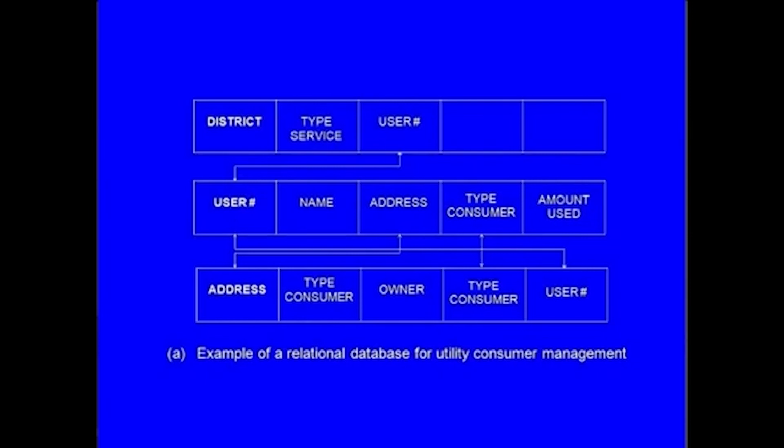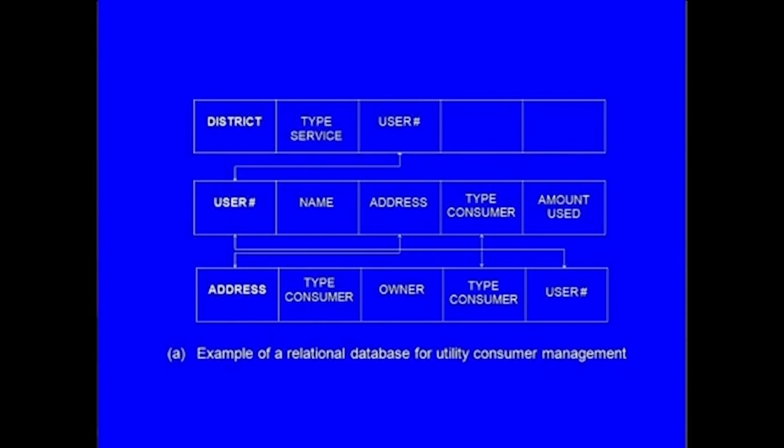Another example is of a utility consumer management, wherein the information could be in the form of district. Within the district, what type of service is being provided and who could be the possible users. So, each user has an ID corresponding to individual users, and information regarding the name, address, consumer type, and the amount that he probably spends on a particular type of service could be entered.